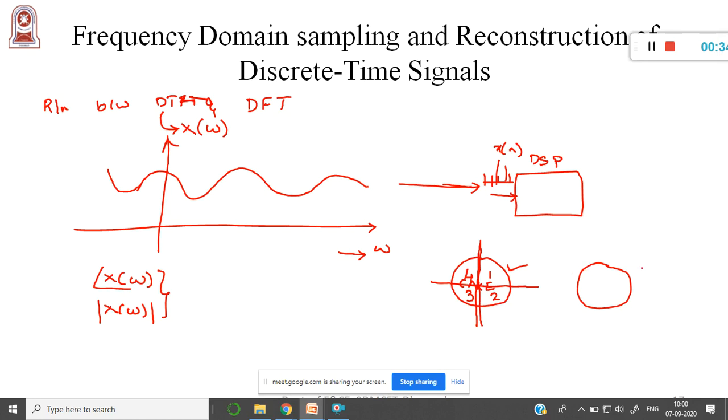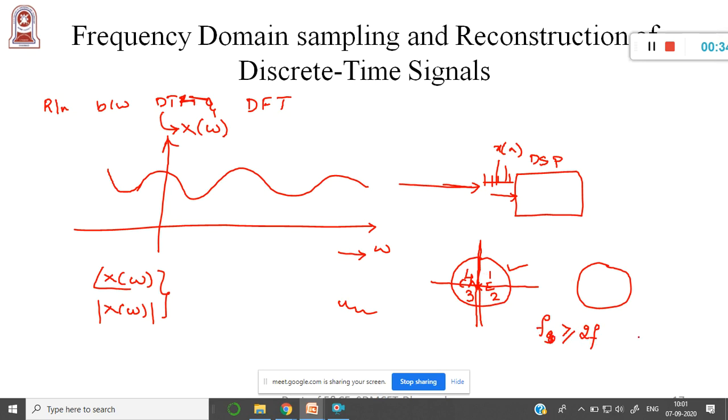Very good. That is what we call the sampling rate: the sampling frequency must be greater than or at least equal to two times your actual frequency.